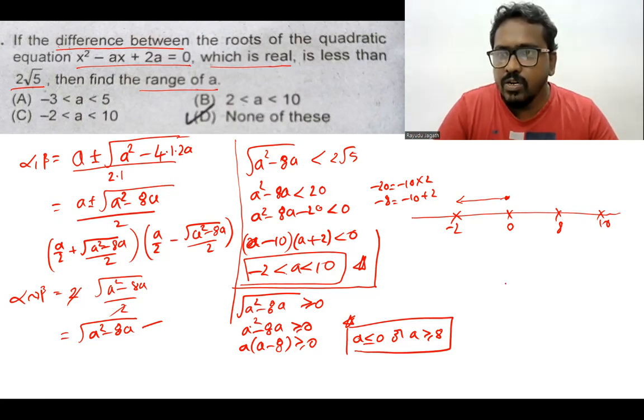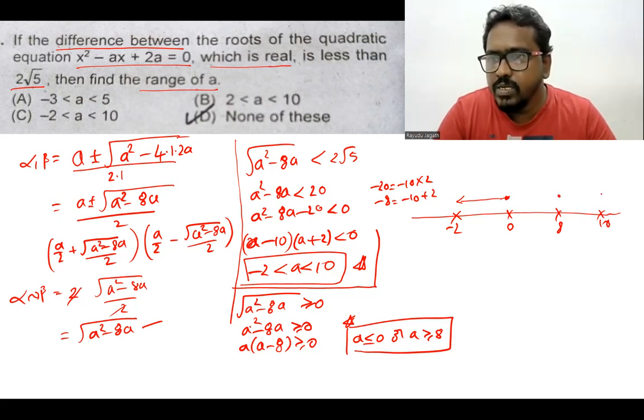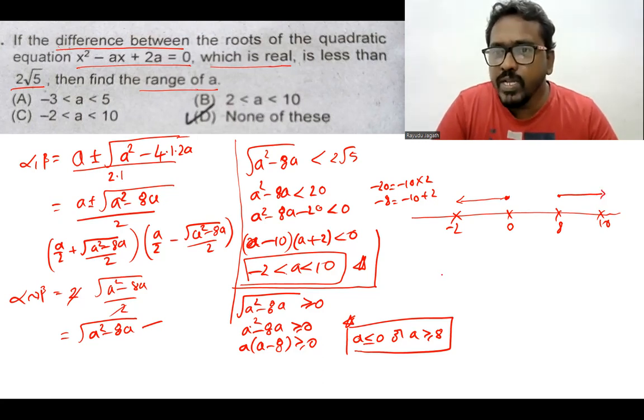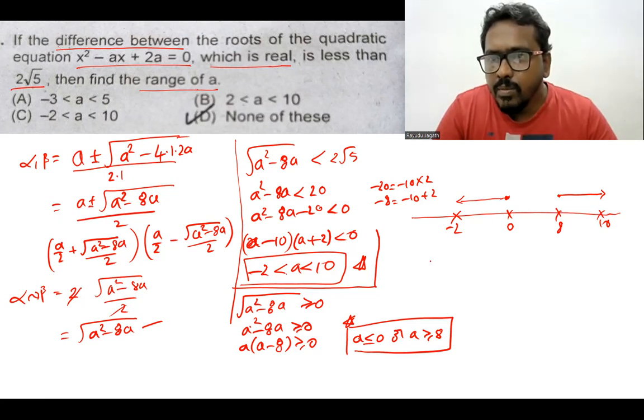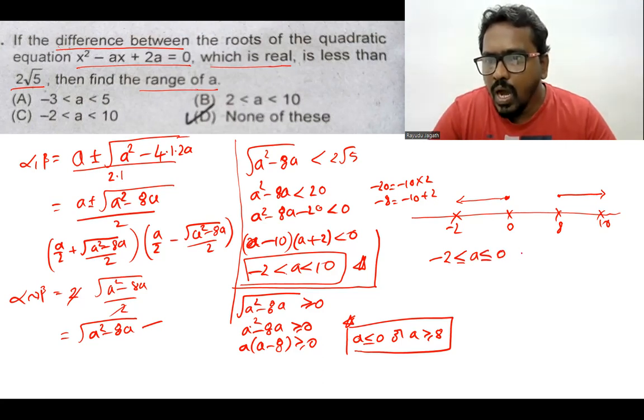Next, a greater than or equal to 8. 8 is included and should be considered, up to 10. Therefore, the final region is minus 2 less than a less than or equal to 0, or 8 less than or equal to a less than 10. This is the final range of a.